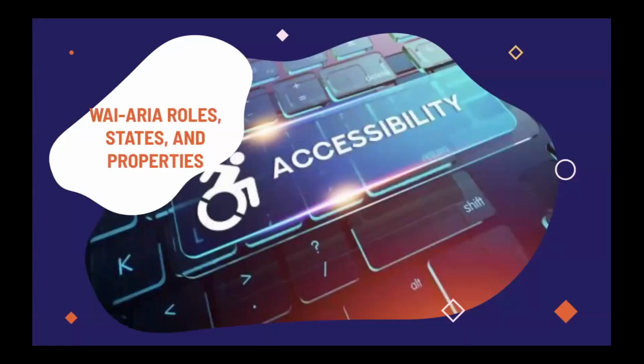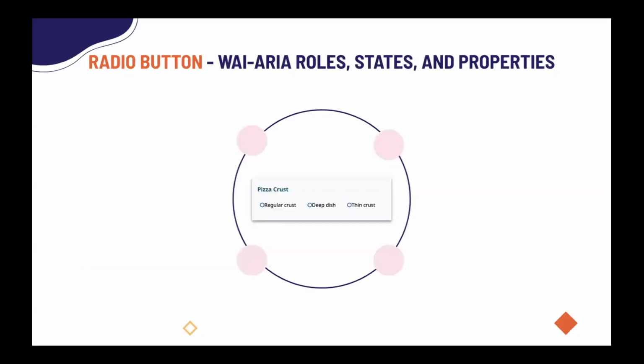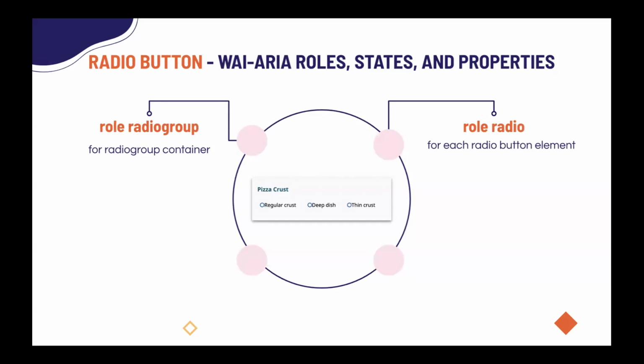Once I had the pattern, the next step was going through the whole component description and selecting and understanding which ARIA roles, states, and properties should be added to the radio button group. So to make this custom component into a radio button group, we need a radio group role for the whole component, and also role radio for each of the elements, each of the values that we can choose from.